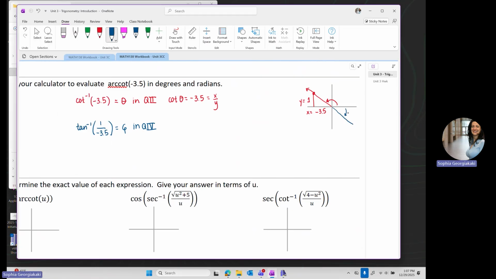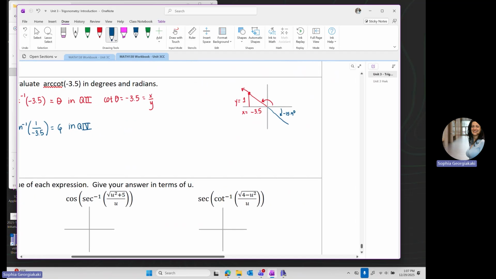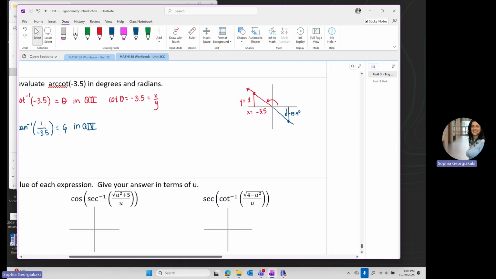So I get this angle, -15.9 degrees, that has the property that it is in quadrant 4. And if I sketch the triangle, the right triangle that is attached to the x-axis, it has a y equal to -1, and it has an x equal to 3.5.